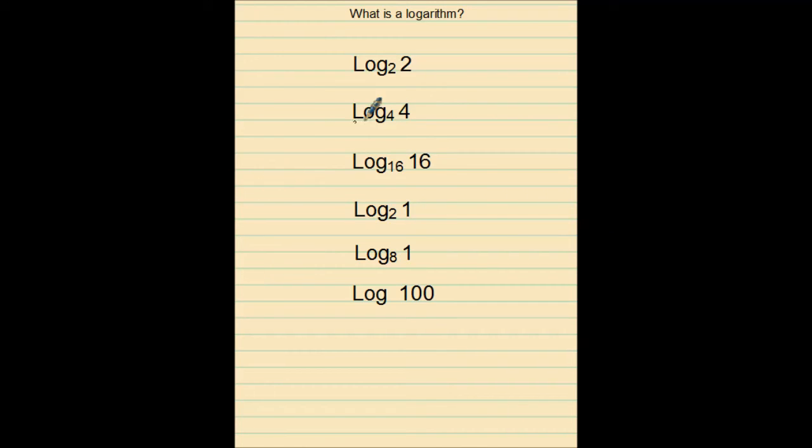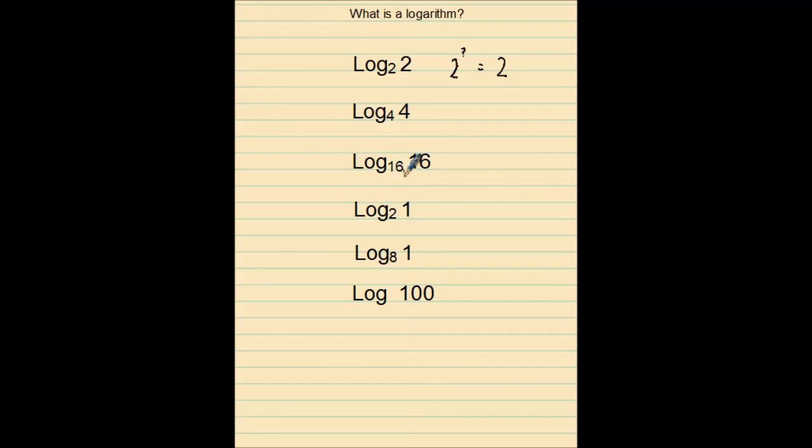Just to end, I'm just going to show you a few things. This is saying, what is the index to the base 2 that results in 2? And we can see here, well, it's got to be to the power of 1 using your knowledge of indices. The same here and the same here.